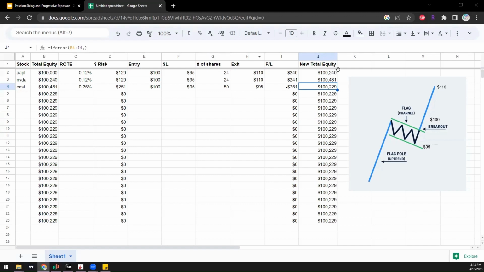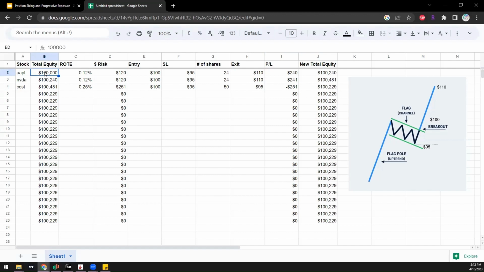After losing $250, my new account total is $100,229. So this total of $100,229 is still higher than my original equity, which was $100,000, right? So the reason we were able to risk more on this trade was that even if we hit the stop loss on this trade and lose the full $250, our equity curve is not going to dip below what we had originally put into the account.